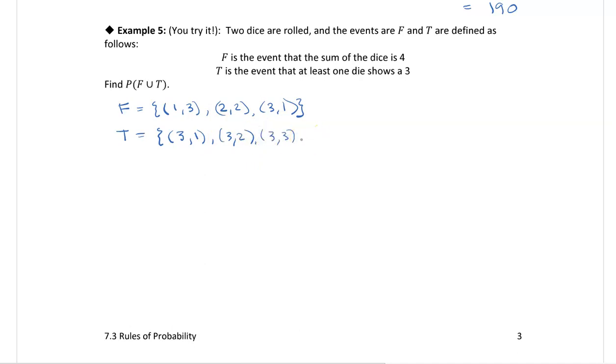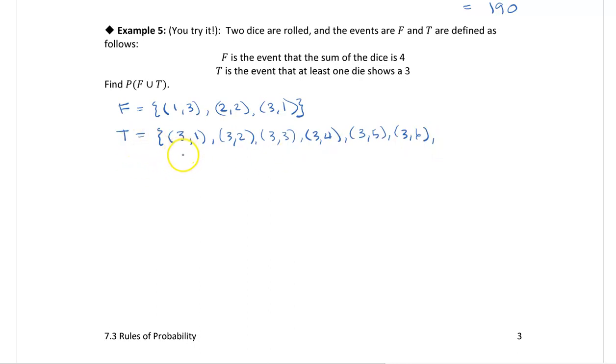That one is actually both showing a 3, and it does say at least one. It doesn't say exactly one, so that's fine. 3, 4. We could do 3, 5 or 3, 6. Those all have the first die being 3.